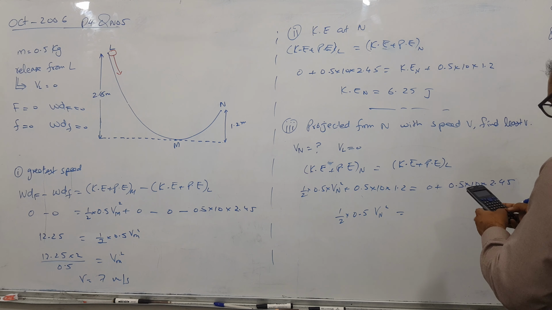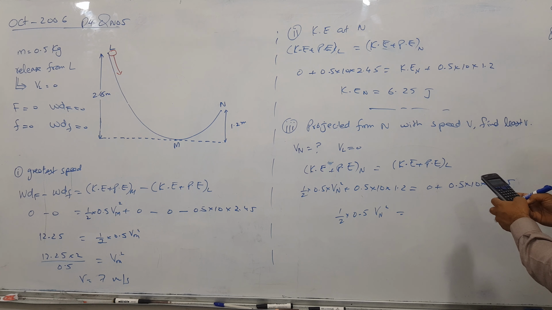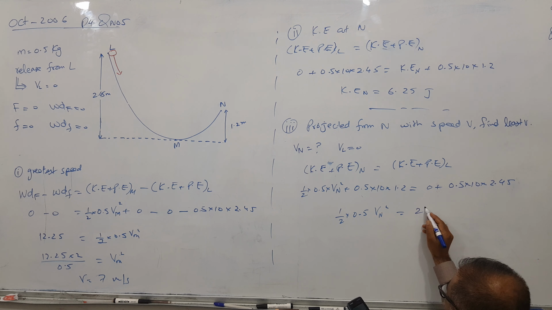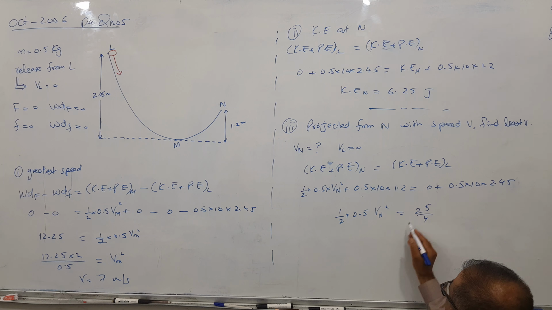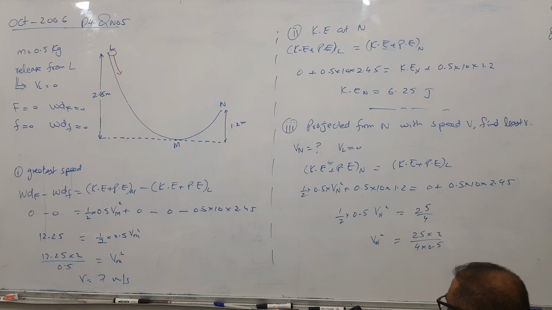So 0.5 into 10 into 2.45 minus 5 times 1.2 comes to 25 over 4, and into 2 by 0.5 is Vn square, and take the root. So you got 5. The answer is Vn is 5 meters per second.